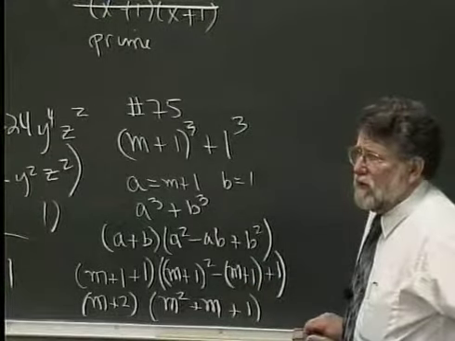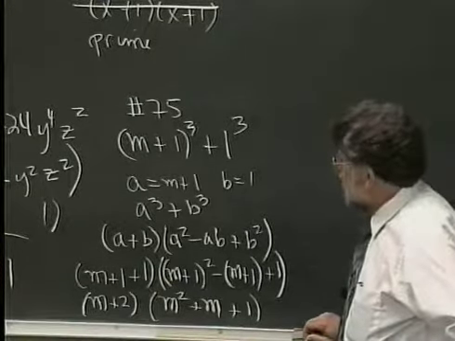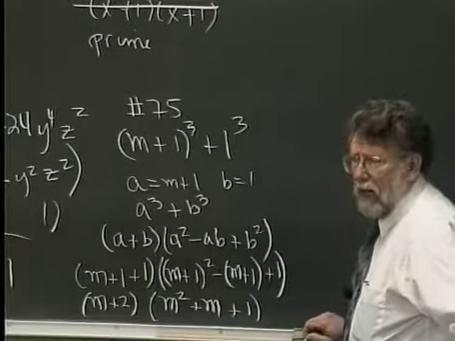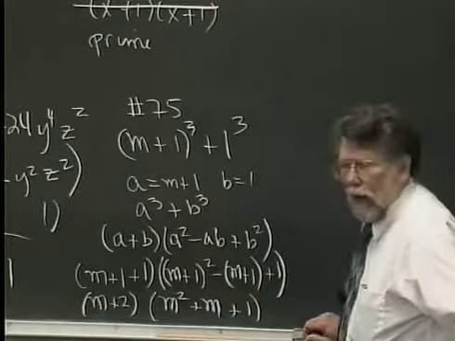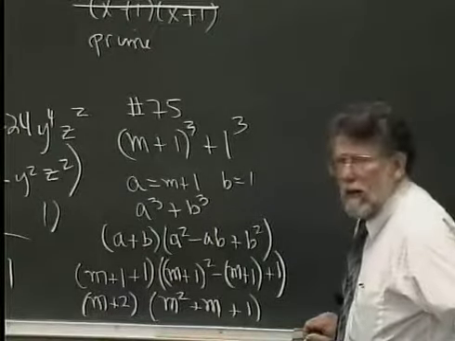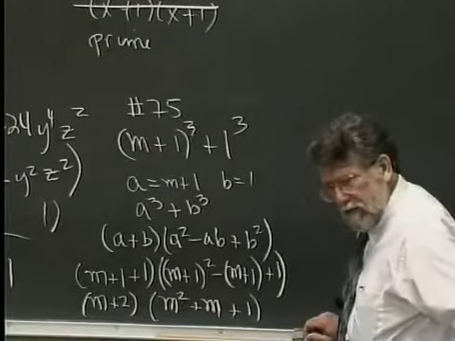And that was forcing you to do a couple things simultaneously. Factor and expand a binomial. And by the way, m plus 1 quantity squared as m squared plus 2m plus 1 is called expanding the binomial. Question?